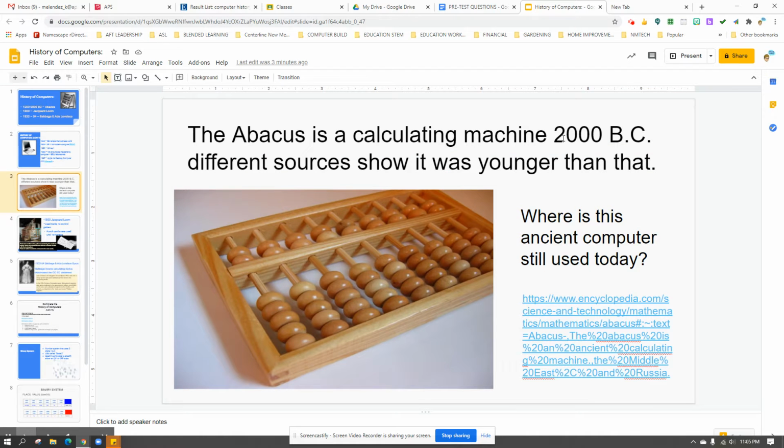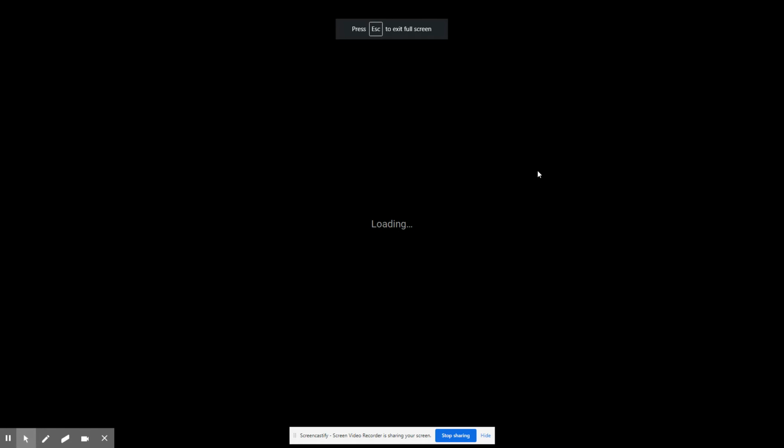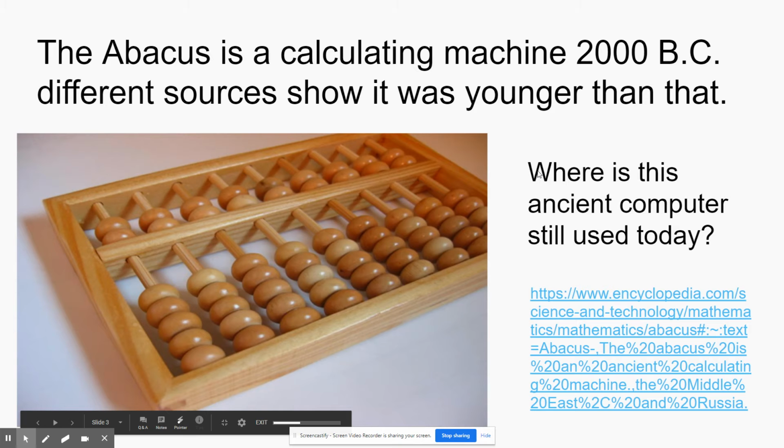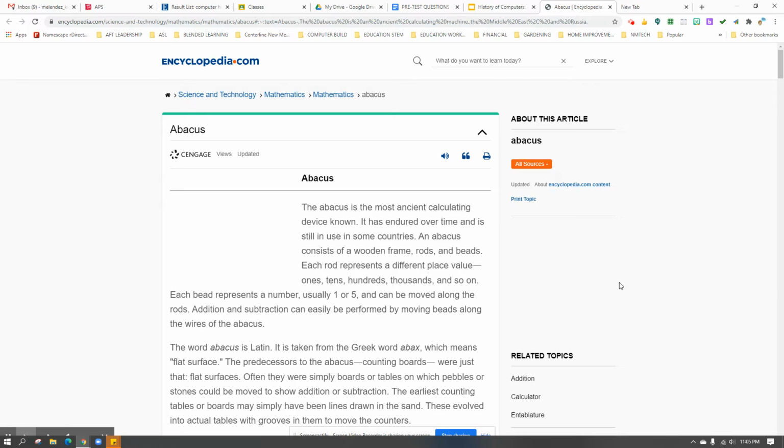The abacus is a calculating machine. There we go. So when we look up the information about the abacus, you notice this picture is different than the picture we had on the other side. So here is some information, a place that you can find some very good details about the abacus.